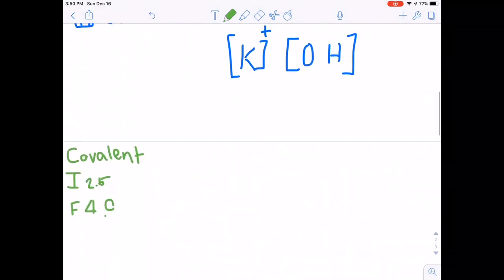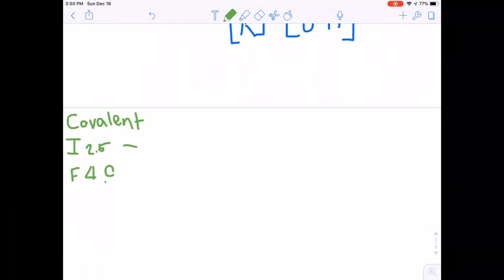So that gives us a covalent compound. And let's just draw it down here too. 1.5. That is its electronegativity, which again is polar covalent.